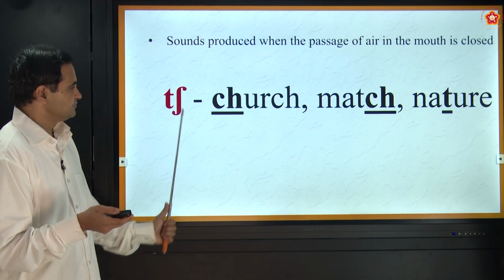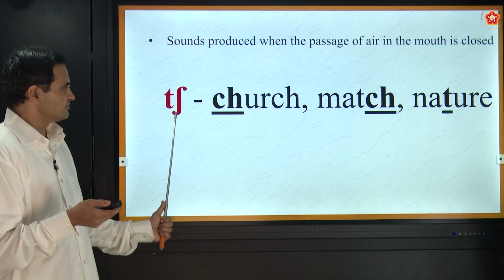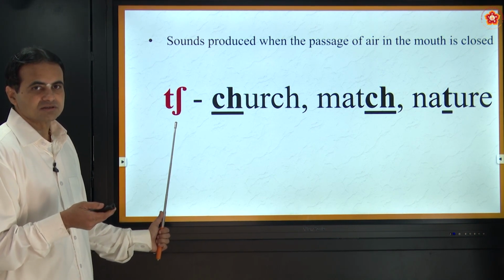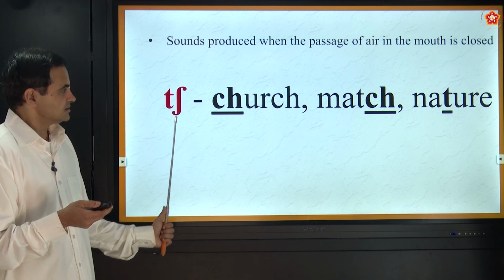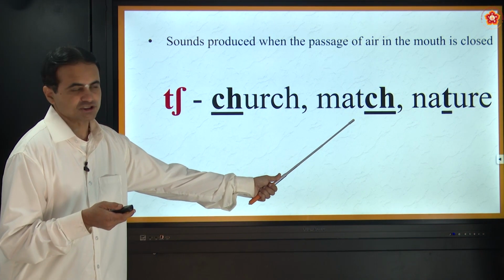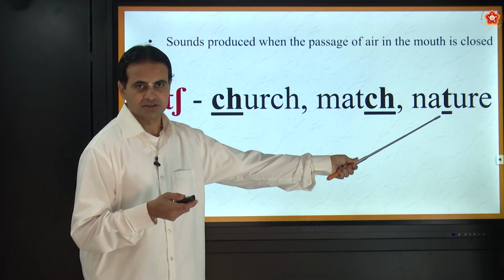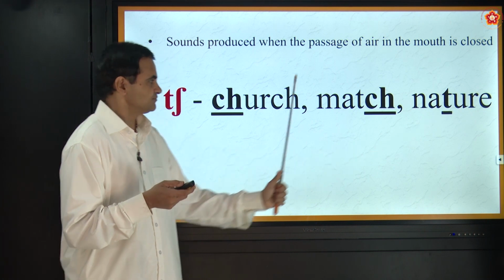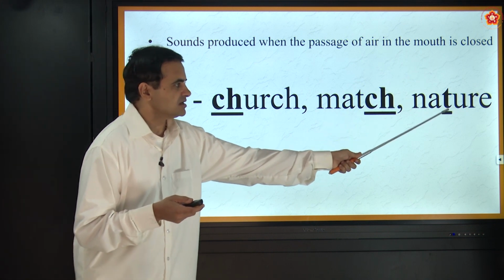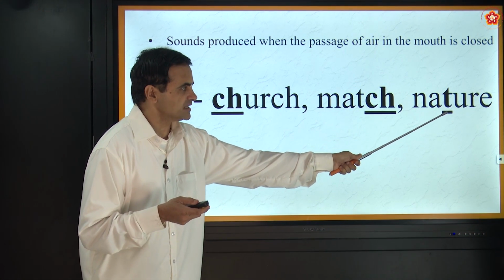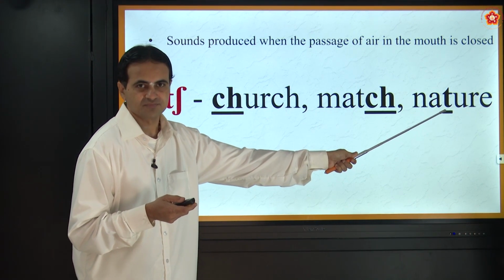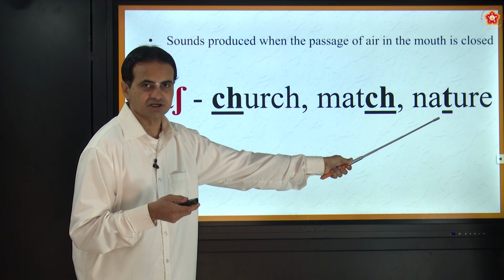Next one, this is T and this F without dash. This represents the sound ch. You see here, church, match, nature. Though there is only T here, it is ch, it is not "natur." It should be pronounced as nature.